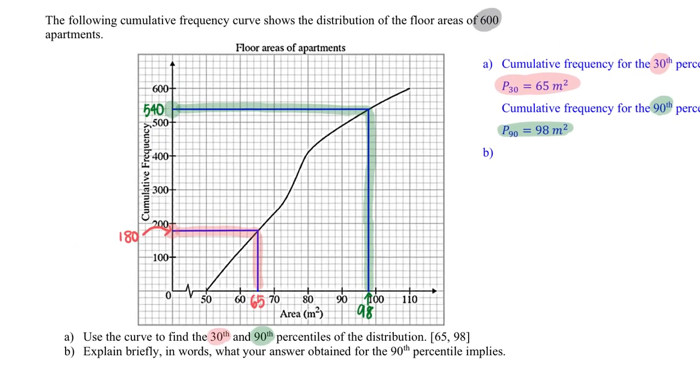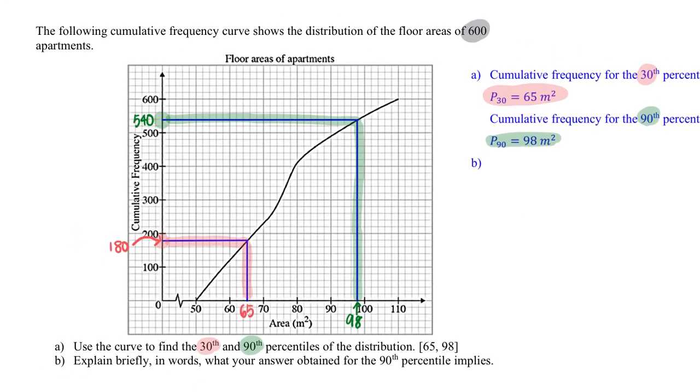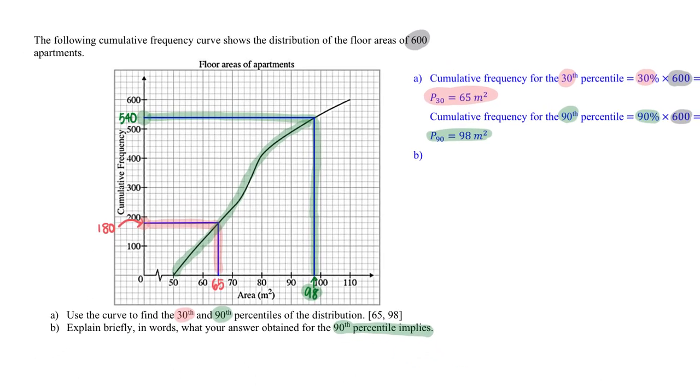Explain briefly what the 90th percentile in this question implies. Well, it simply means that 90% of the apartments, which is 540 of these apartments, have a floor area less than or equal to 98 meter square.